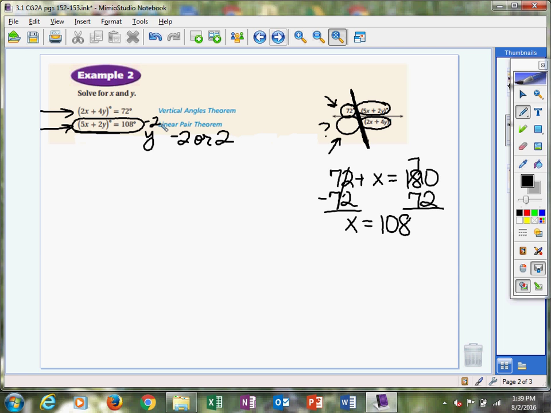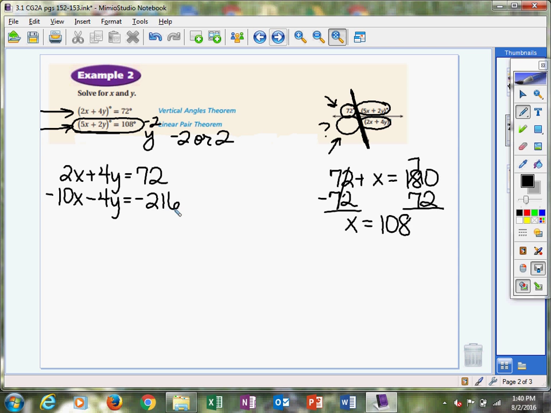That means you have to distribute it to every part of that equation. So I'm going to rewrite the top one. There it is. The bottom one, negative 2 times 5. That's negative 10x. Negative 2 times positive 2. That's negative 4y. Negative 2 times 108. Negative 216. Is that right? Does that look right to you guys?